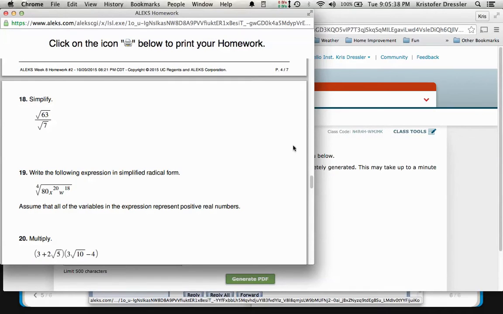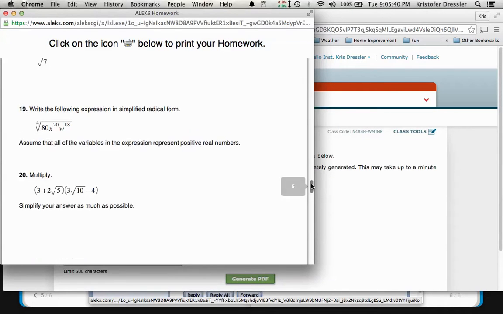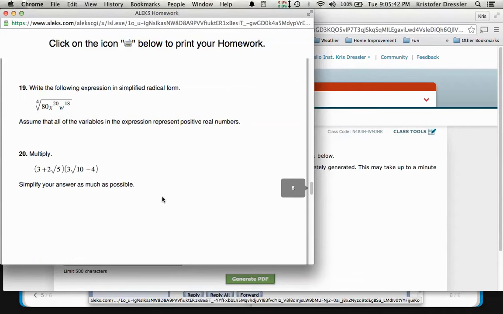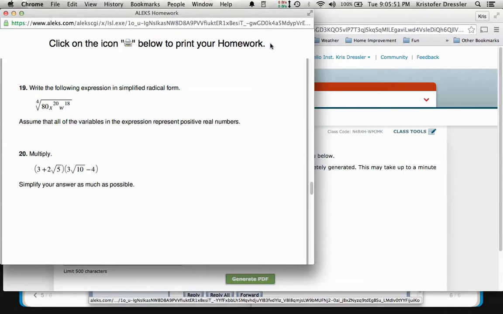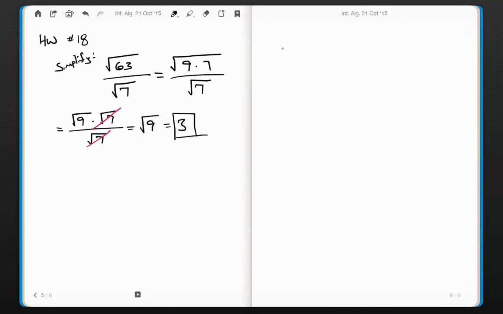Number 20. Okay, now here we have to multiply. 3 plus 2 root 5, 3 root 10 minus 4. I might have to go back and forth a couple times. So homework number 20. 3 plus, and oftentimes we read this as 2 root 5, or 2 times the square root of 5.